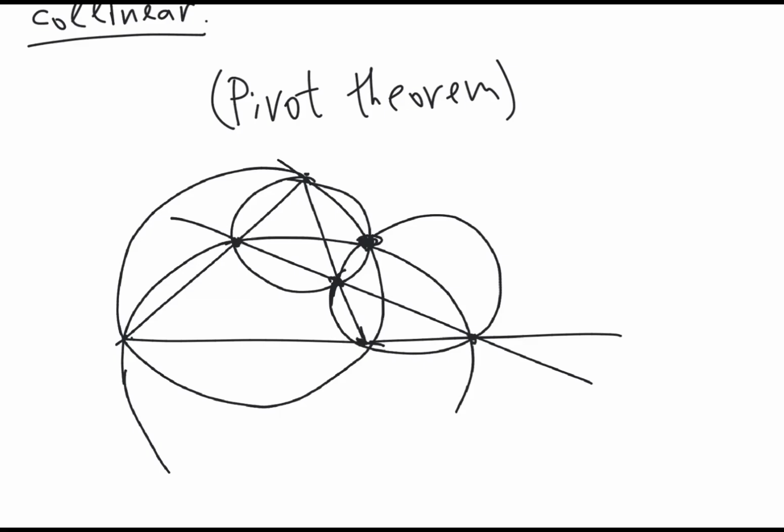So let's write this as a theorem. Let's denote the original triangle as ABC. The points that we take, let's denote them by D, E, F, and let's denote the circumcircle of the original triangle as omega.